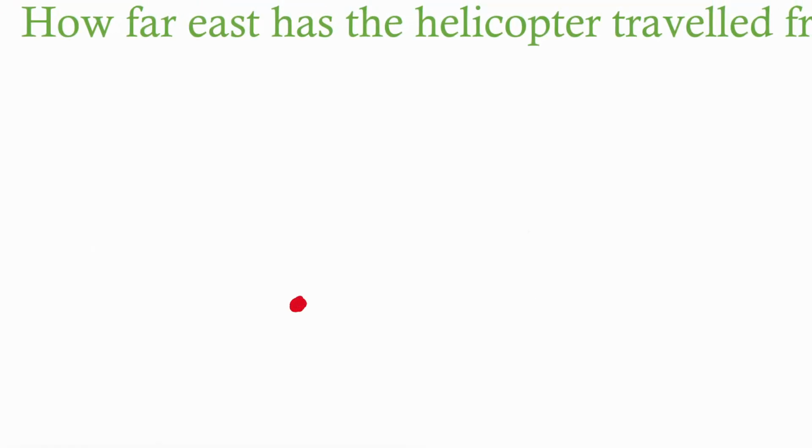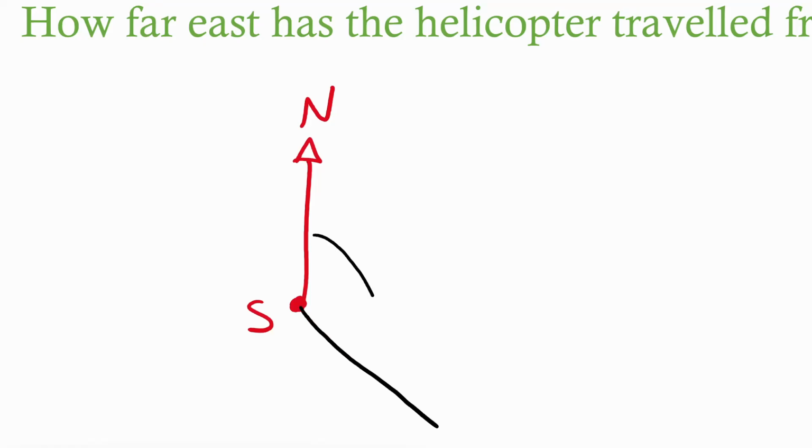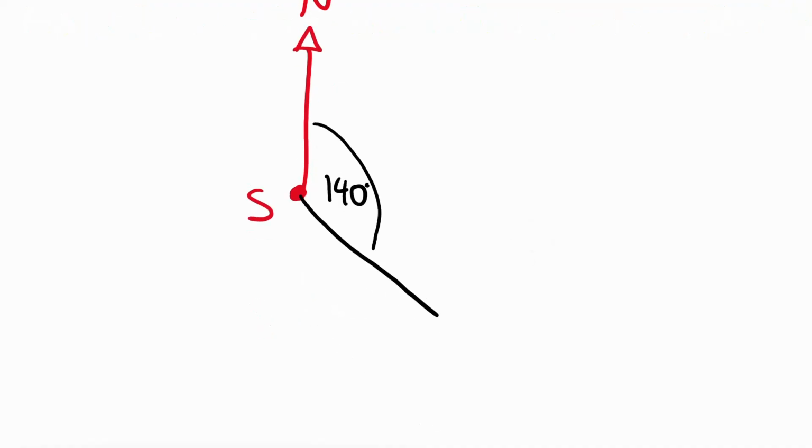All right, so this is our starting point, and I'm going to label it S for start. Now I know that the helicopter travels at a bearing of 140. So as always, draw my north line, and then 140 is going to be down roughly around here. So that's 140 degrees.